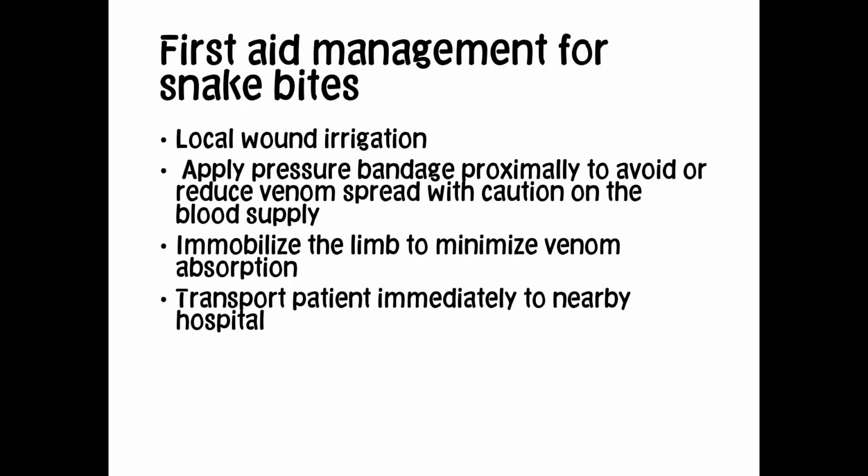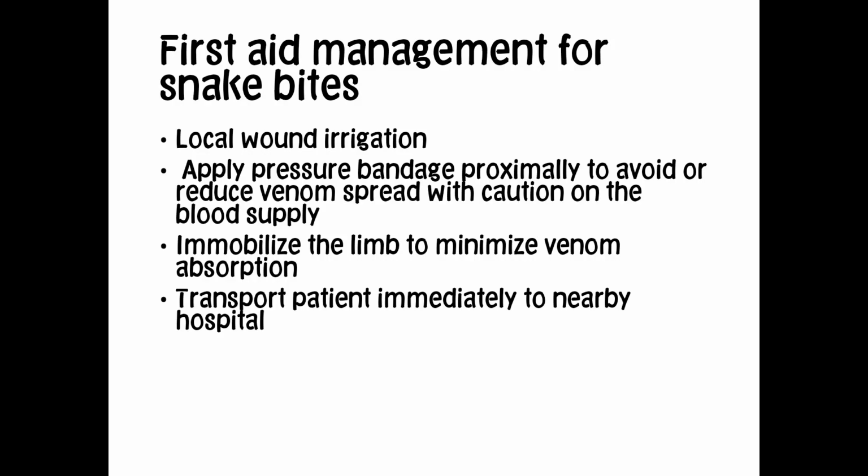But if it's not possible, then proper caution should be taken, because occlusion of blood supply to the damaged limb or injured limb for more than 2 hours may be associated with ischemia, necrosis, and it could end up with loss of the entire limb. Immobilize the limb to minimize venom absorption.